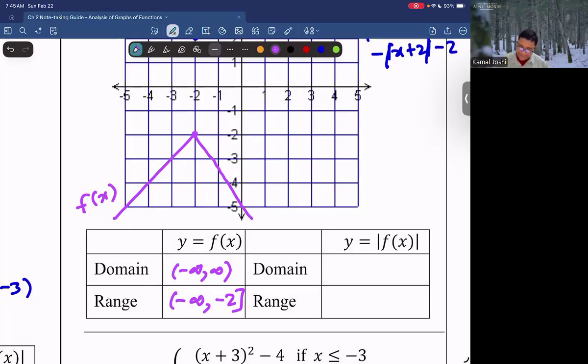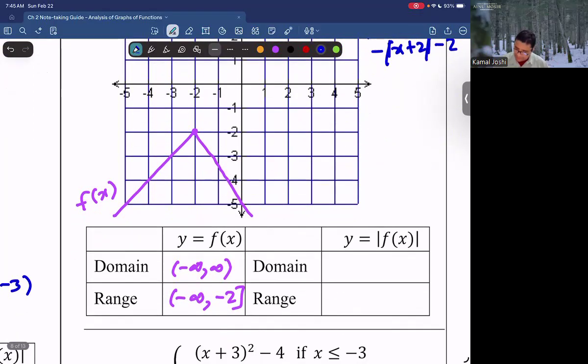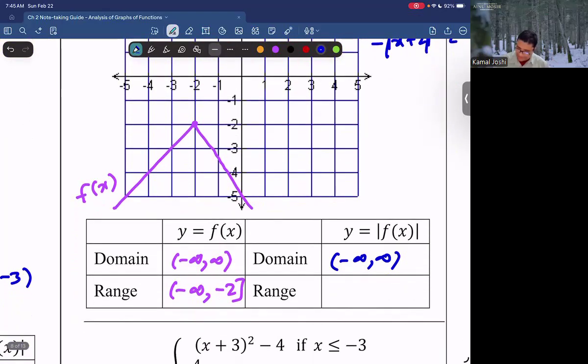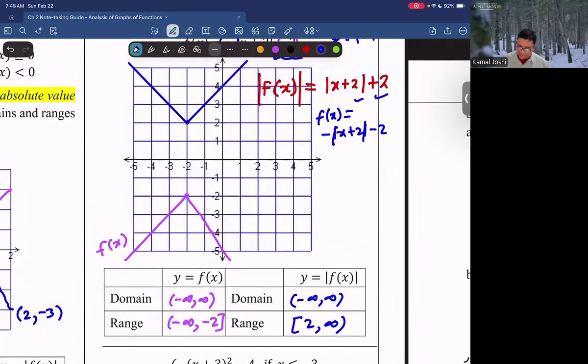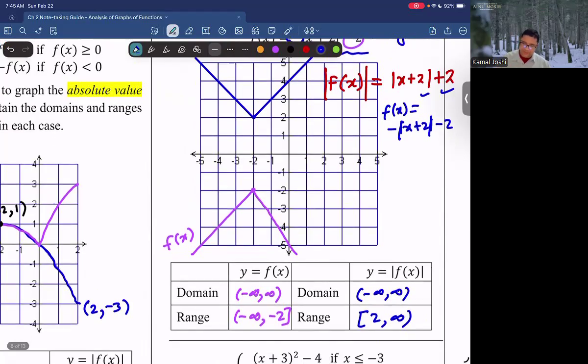Then you look at the absolute value and you see the domain is the same, but the range now is the positive values, starting at 2 to infinity. Let me zoom out and show the whole thing, the domain and range.